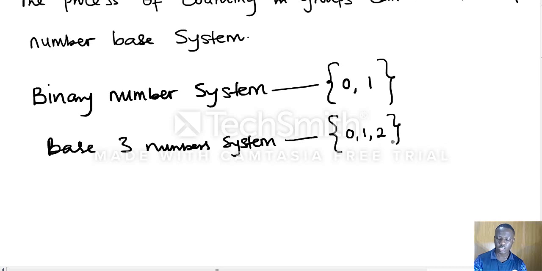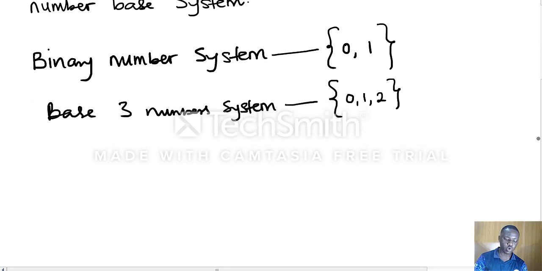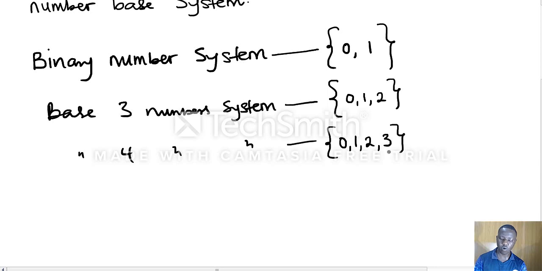So, a base 3 number system is made up of just these 3 digits. Also, we have the base 4 number system, which is made up of 4 digits. You can only find zeros, ones, 2s, and 3s in a base 4 number system.